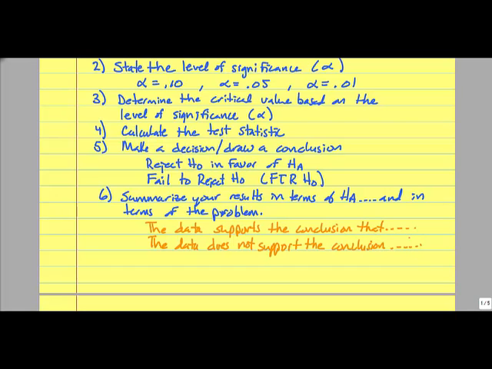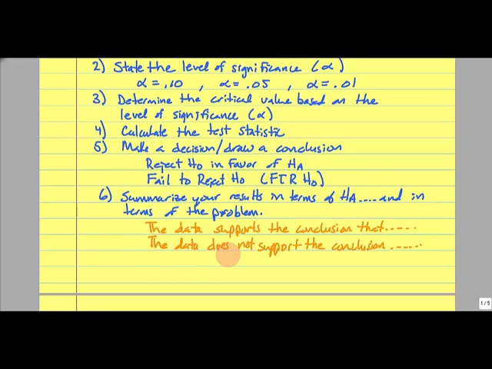So if we're trying to, again, go back up here to reject H0 in favor of HA or fail to reject H0, the data supports the conclusion is what we would use if we were to reject H0 in favor of HA.